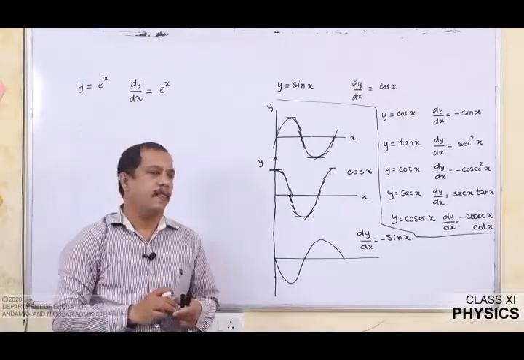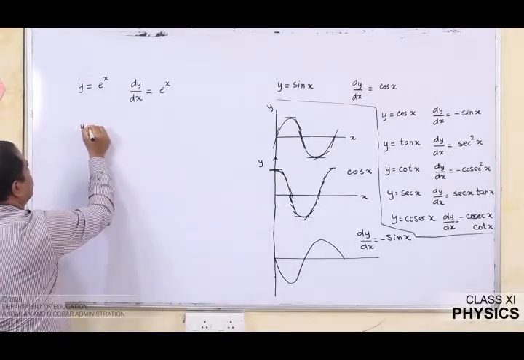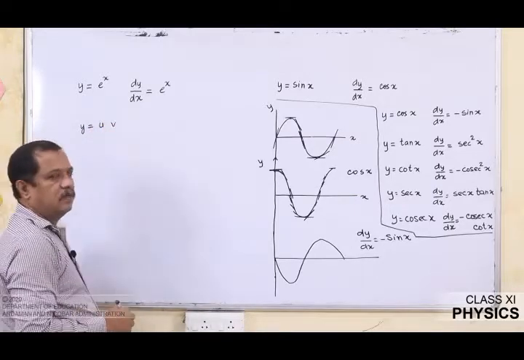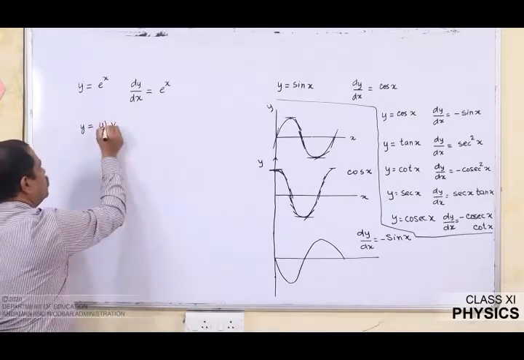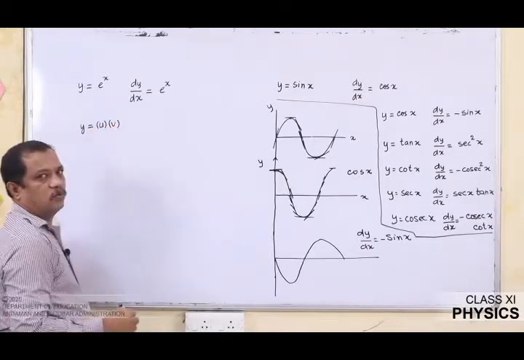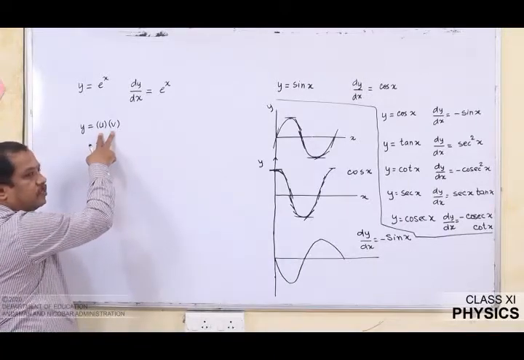Similarly, we may have a function y is equal to u v. I say that u is a function of x, v is also a function of x. So, two functions. So, I would say that these are the product of two functions.